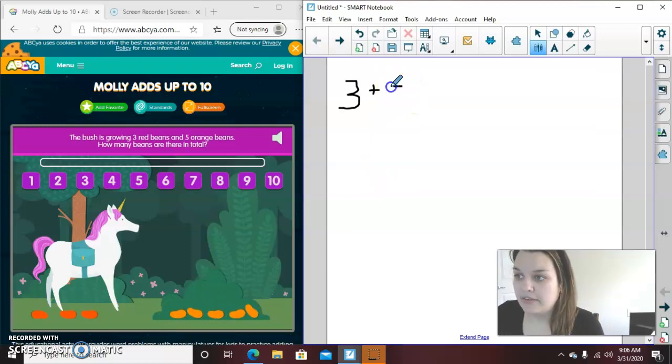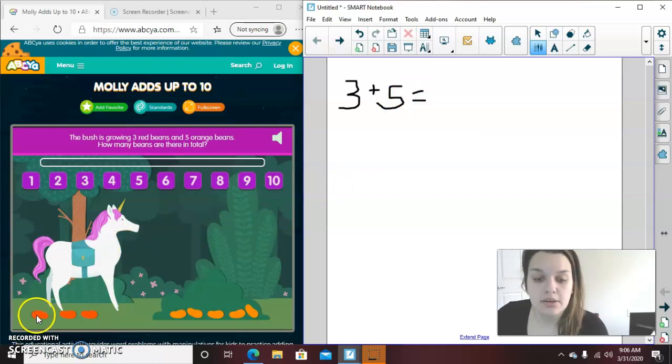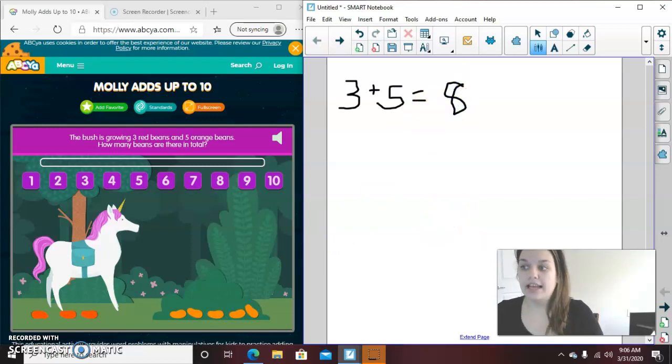Plus 5 orange equals, let's count all together. 1, 2, 3, 4, 5, 6, 7, 8. Okay, so 3 plus 5 equals 8. That's our number sentence, okay?